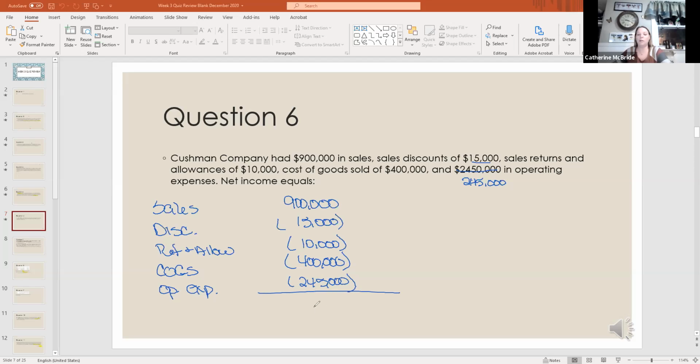So when we're all done, net income is 230,000. This one's pretty straightforward. Are we good with this one? Mm-hmm. Okay.